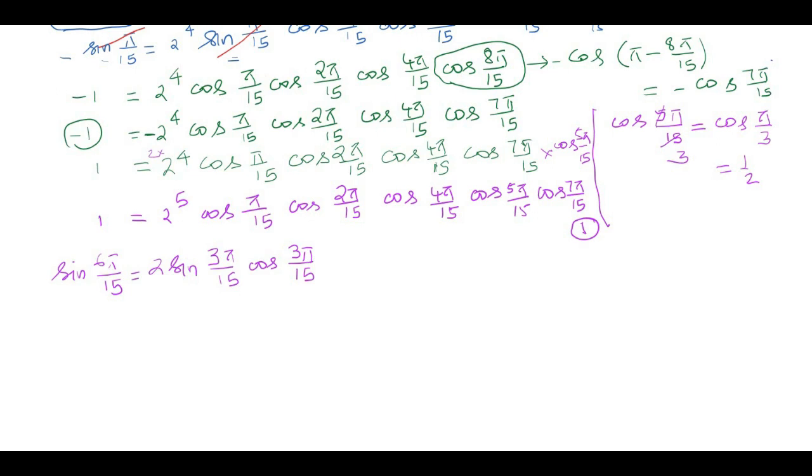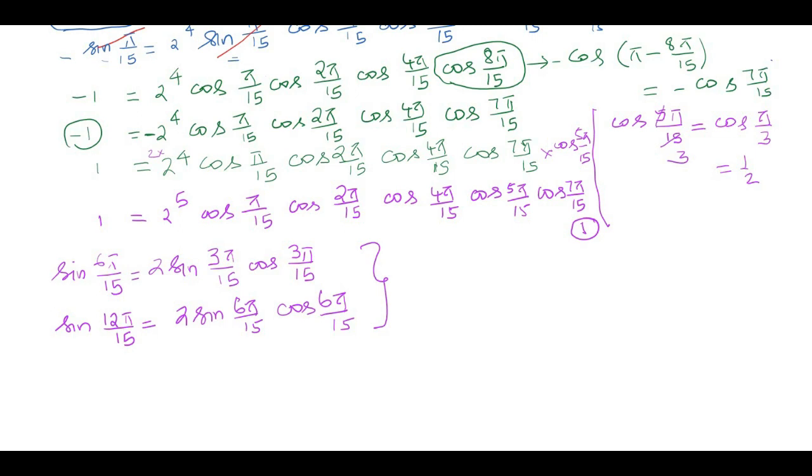Also, sine 12 pi by 15, okay, 2 sine 6 pi by 15 cos 6 pi by 15. As we have done earlier, multiply these two equations.